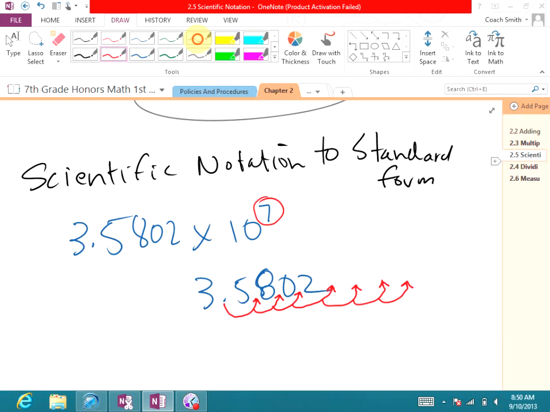And so where there is no digit, I must put zeros. And so that's going to give me 35,802,000. Okay? So that's taking 3.5802 times 10 to the 7th power.